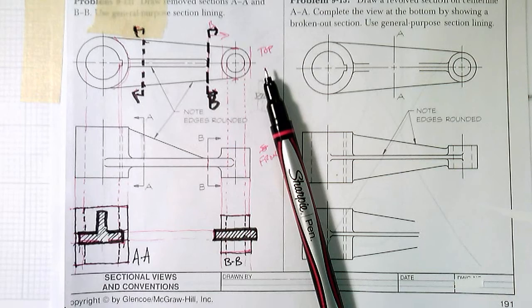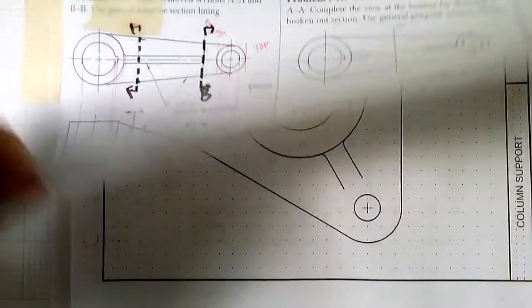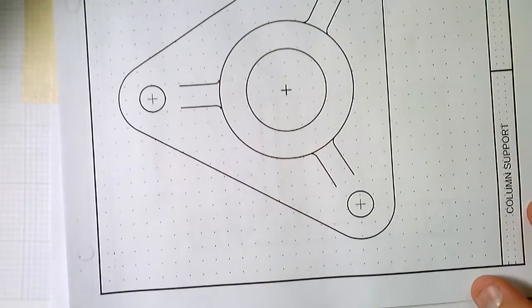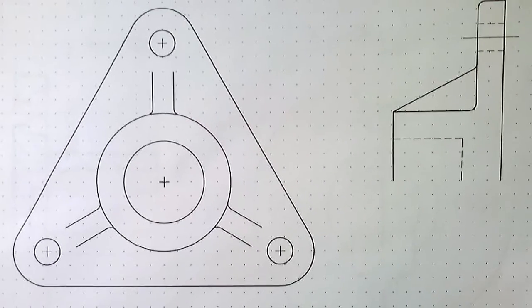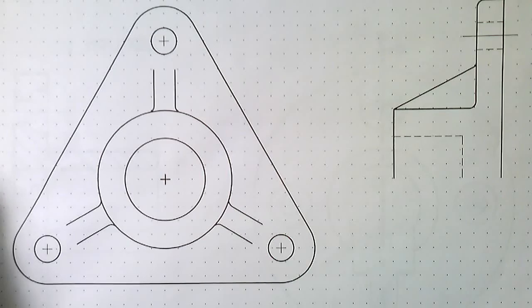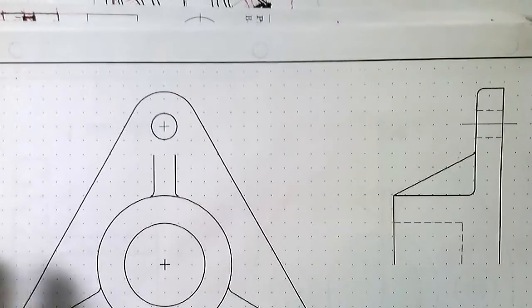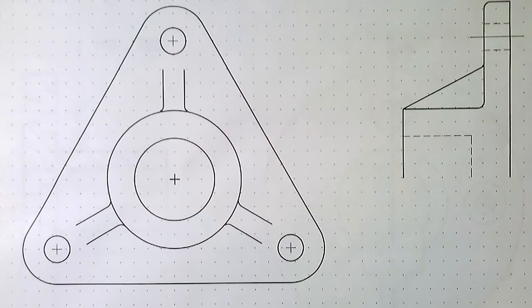Alright, now the next one we want to do, these are just sketches. We want to take a look at the next component, and we're going to do this column support. And to do this column support, we're going to make a true full section.